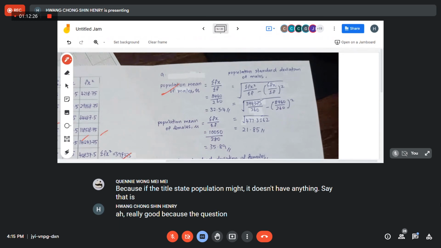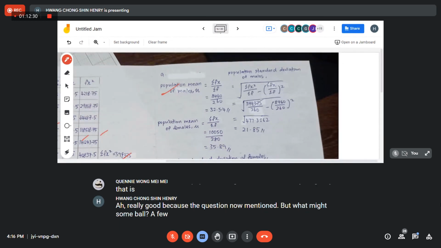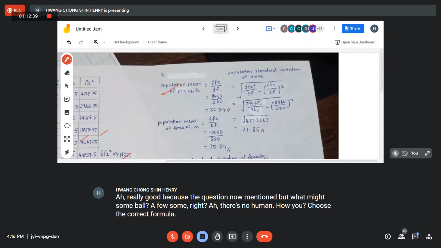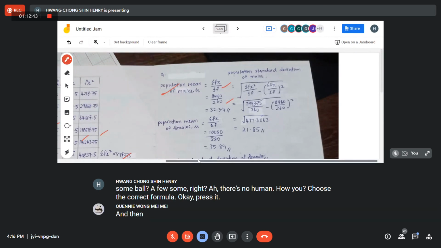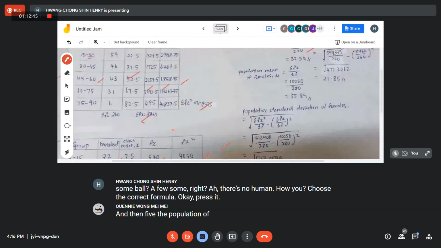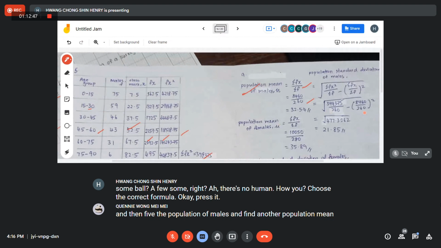Very good. Because the question never mentioned words like sample, a few, some, right? There's no hint. This is how you choose the correct formula. Okay, proceed, and then find the population mean of males, then find another population mean of females.